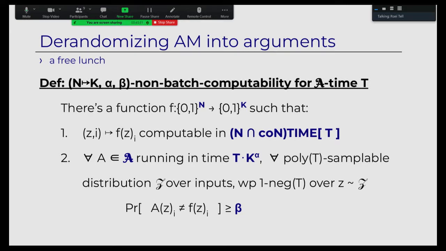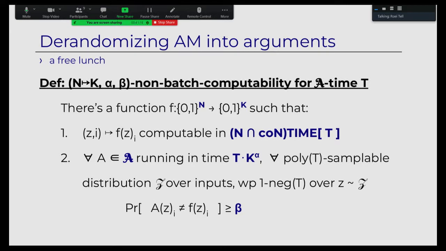It's essentially the same thing, just a bit careful in saying one thing that is new. So again, the function is from n bits to k bits. Each individual output bit is computable in time t, and even in non-deterministic unambiguous time t, like NP intersect co-NP time t. And the hardness condition is just what we saw before with these new additions.